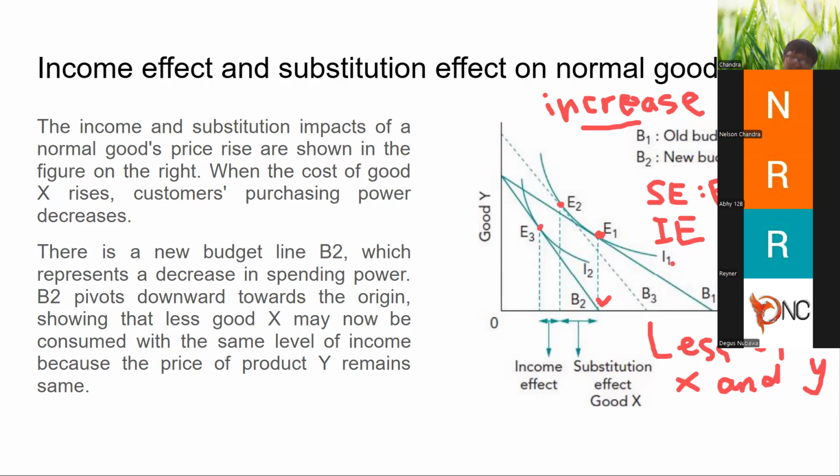An increase in the price makes good X more expensive, so people will always switch to good Y regardless of the type of good, decreasing the purchase of X and buying more Y.